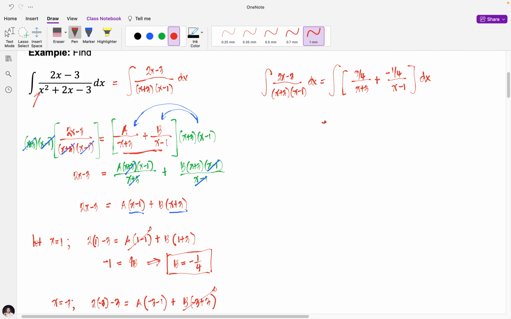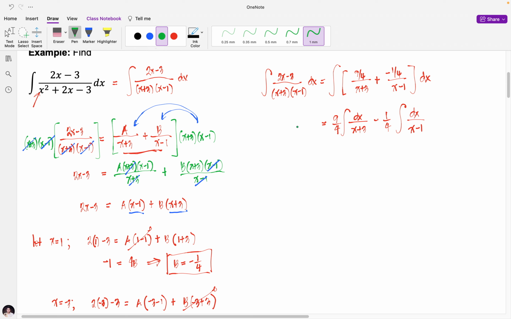From that, this will now be 9 over 4 integral of dx over x plus 3 minus 1/4 integral of dx over x minus 1.